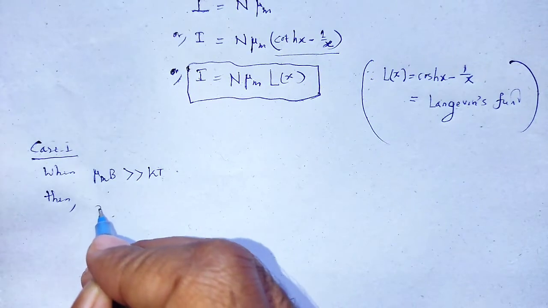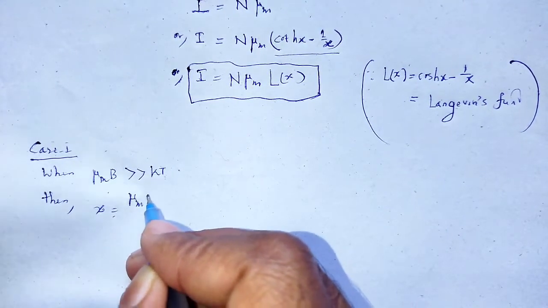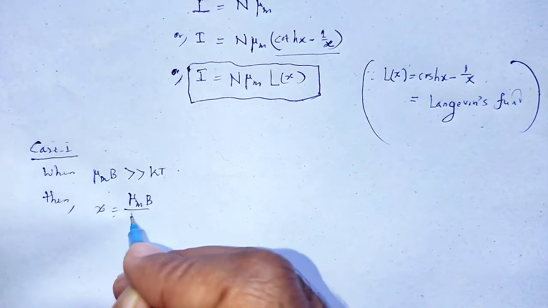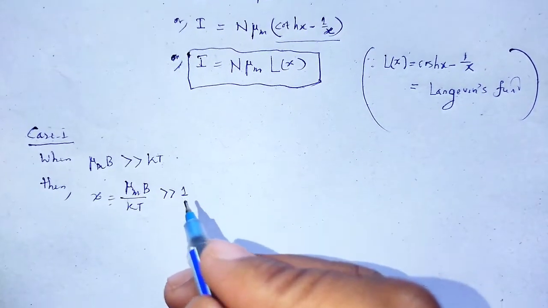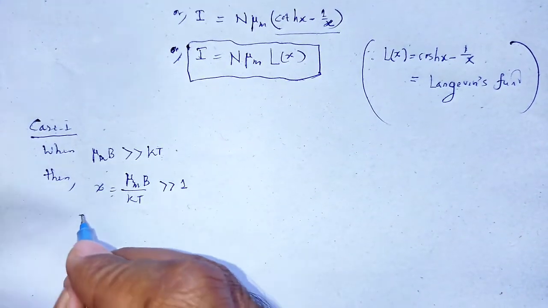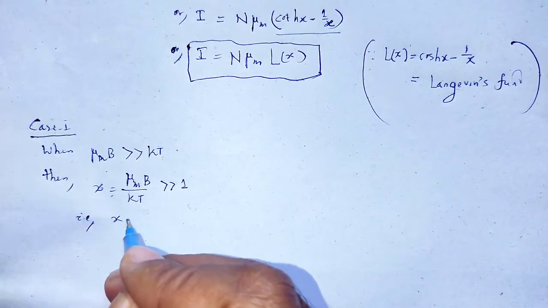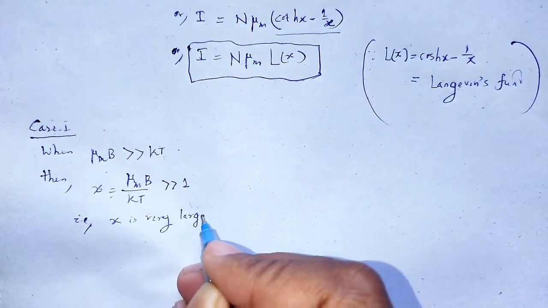Then, as we put x as mu m b divided by kt, that is much greater than 1, which means x is very large.